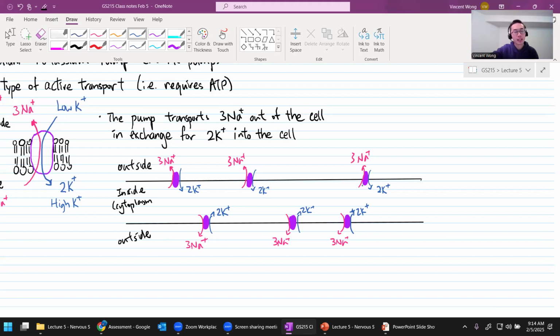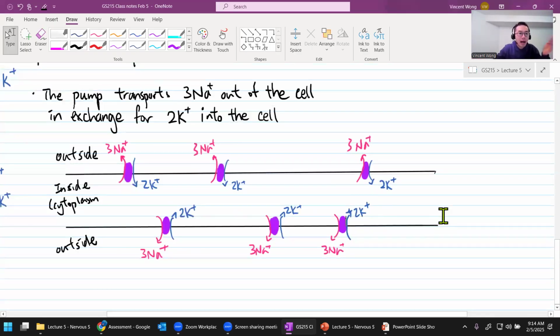I hope the answer is quite obvious. It is the outside, because more positive is leaving than you are bringing in. 3 positive leave and 2 come in. Essentially, every time you are losing a positive.